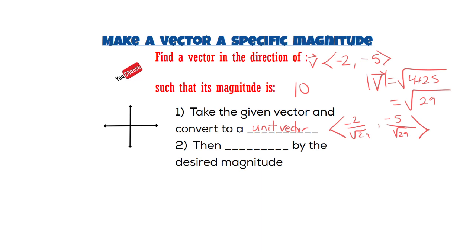But what I really want is my vector to be 10 units long. So I'm going to take this vector that is currently 1 unit long and multiply it by 10 to make it 10 units long. Then multiply by the desired magnitude.